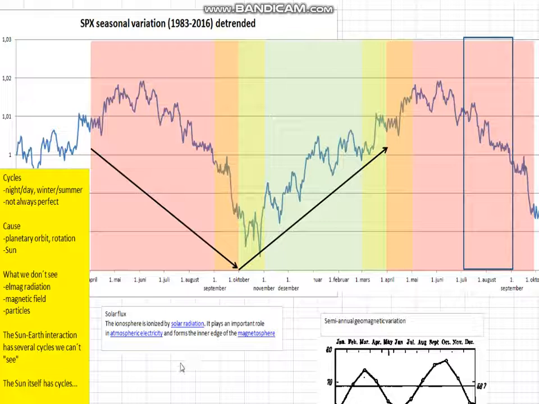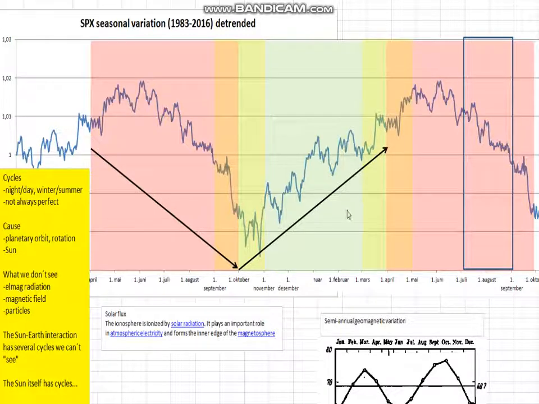Our planetary orbit is not circular, it's elliptical. So in the summer, at least in the northern hemisphere, we are farthest away from the sun. So the density of the solar radiation is the least.